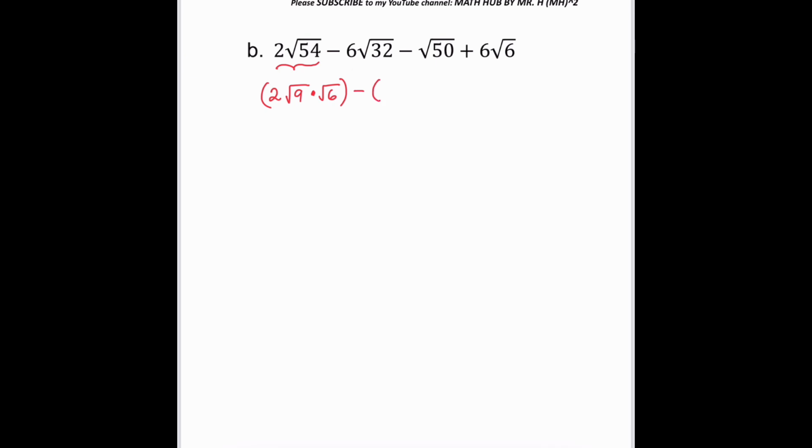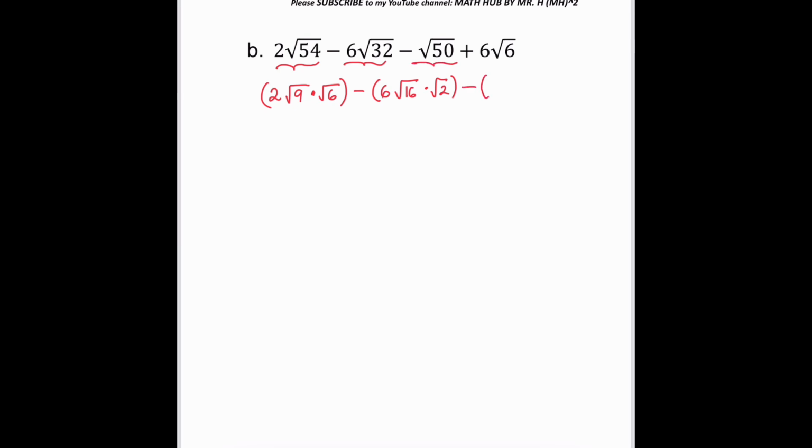We're going to be applying the same property of roots, which is the product property. We copy the coefficient 6 there. And 32 can be split into 16 times 2, which is 32. So we can have square root of 16 times square root of 2. Third term is minus square root of 50.